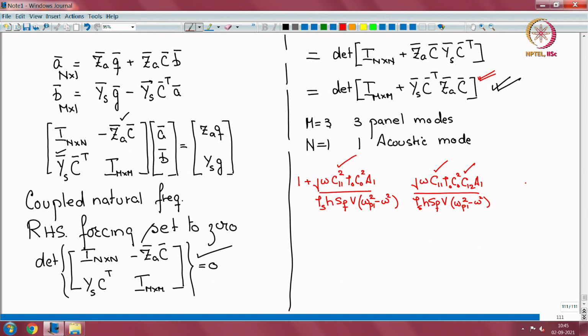So you will have C11, C13 and all else is same.